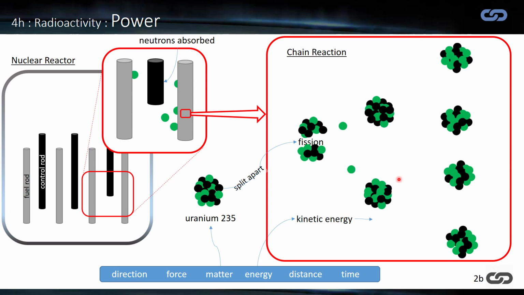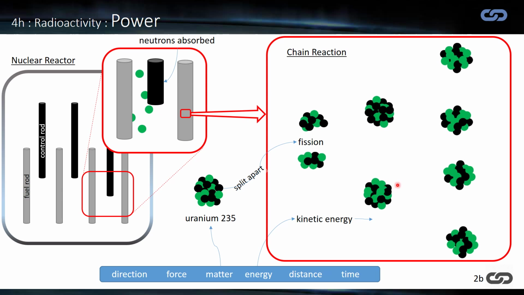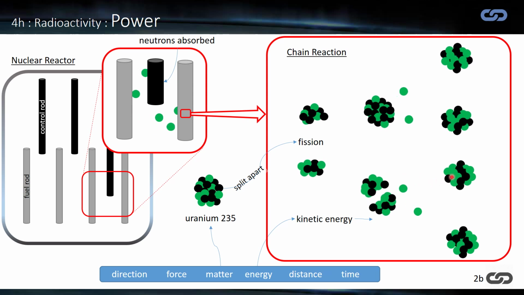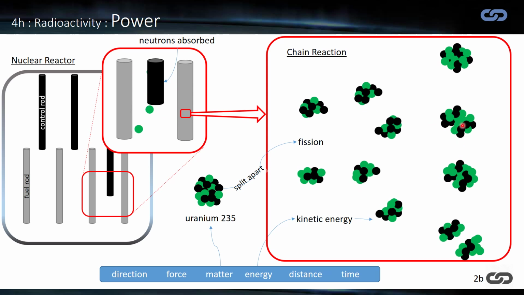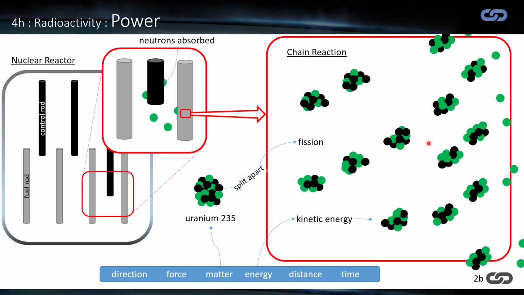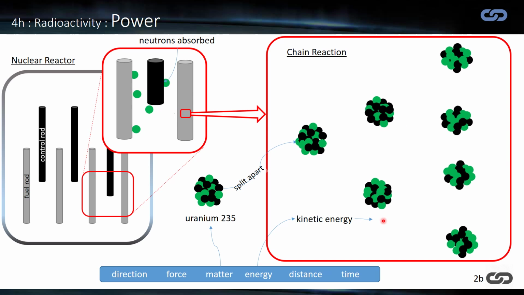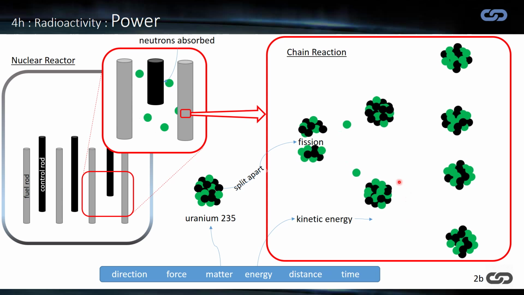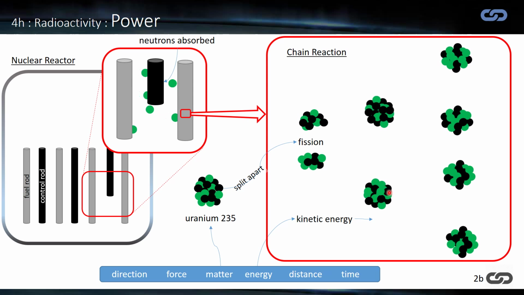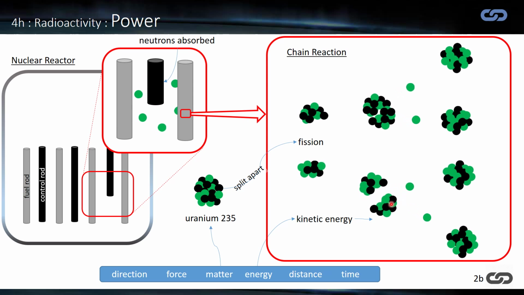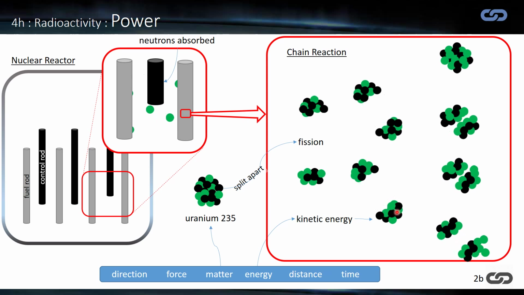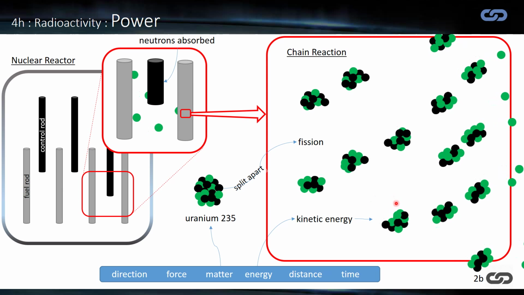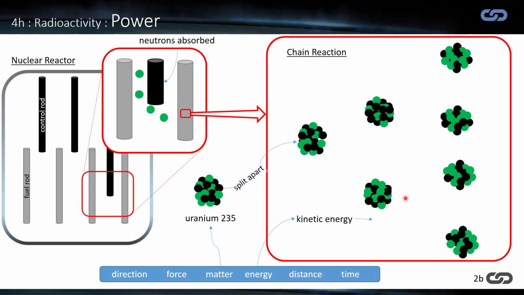We can see that happening here repeatedly. Obviously it's massively slowed down, but we can see this series of reactions. This releases a huge amount of kinetic energy. If we think about it on a very small scale, a nucleus flying around is a form of kinetic energy. That's transferred into heat, and that heats the water, which makes steam, and so on.